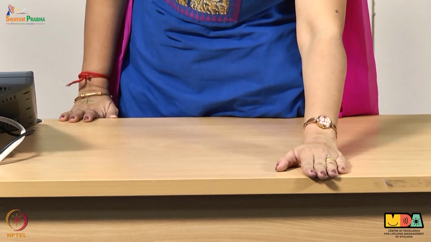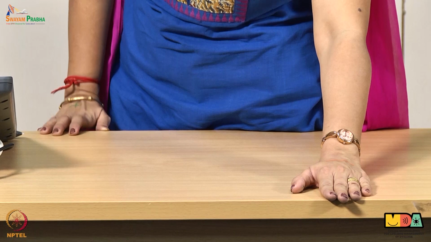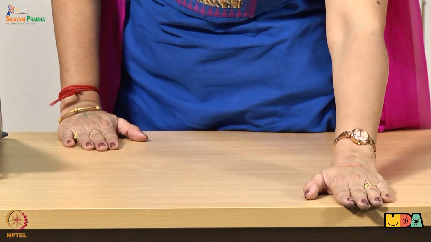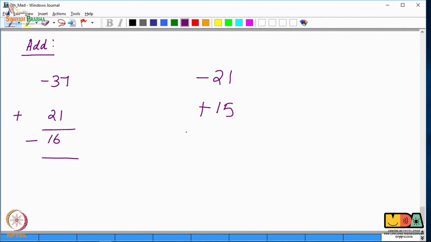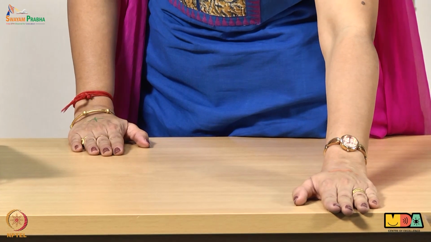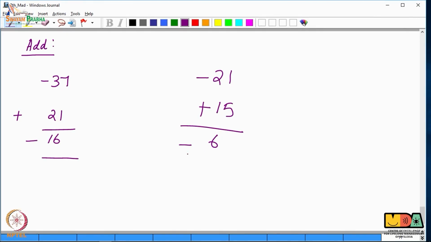Which is the next number? 15, and what is the sign affixed? Plus, and hence I place it here. Which hand is on top? My minus hand. So, the answer is minus, and when we use two different hands, we have got to subtract. So, 21 minus 15 is minus 6.